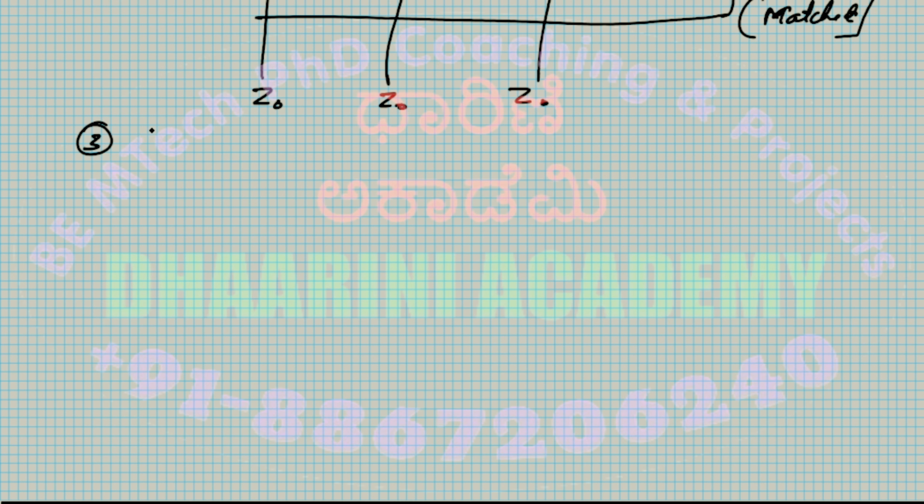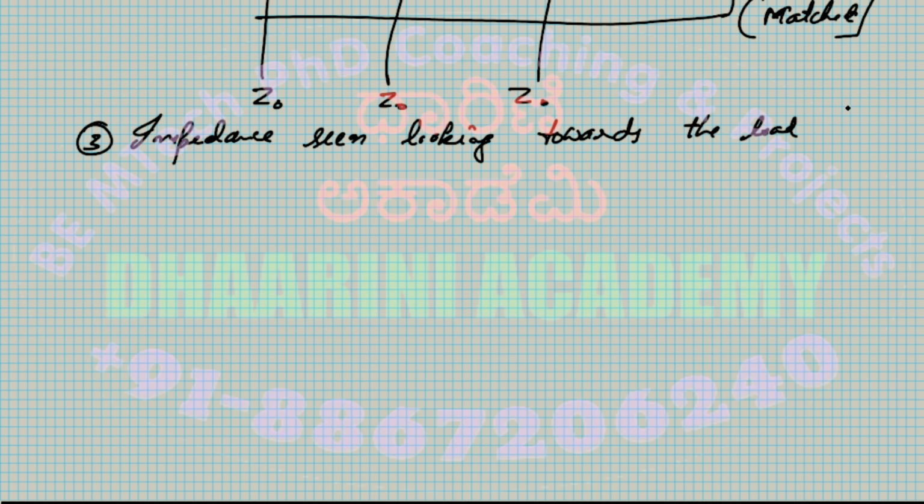So I'll write this is the impedance seen looking towards the load. Under what condition? Towards the load at any point. Let's mention where you are measuring, at any point on the transmission line.